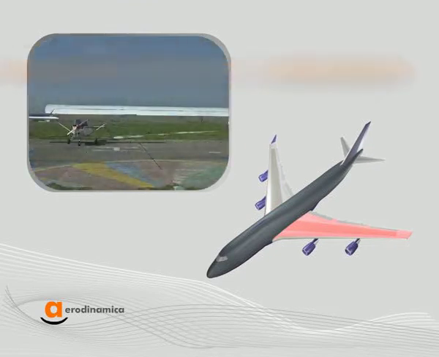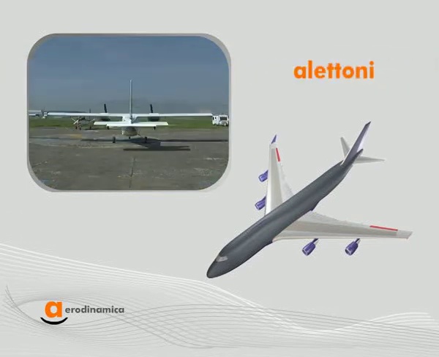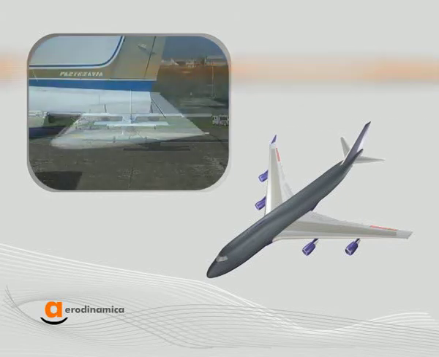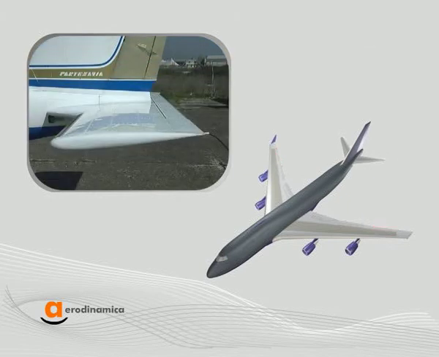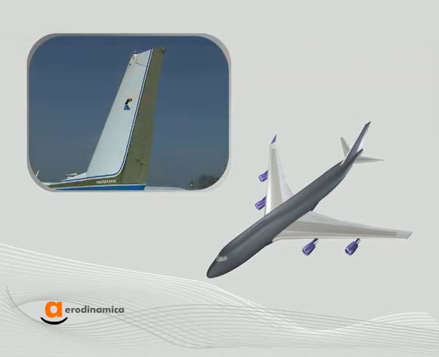On each half of the wings, there are the ailerons. Every airplane typically has a symmetry plane, so the right and the left sides are geometrically identical. In the aft fuselage, there are the tail surfaces, the horizontal tail and the vertical tail.